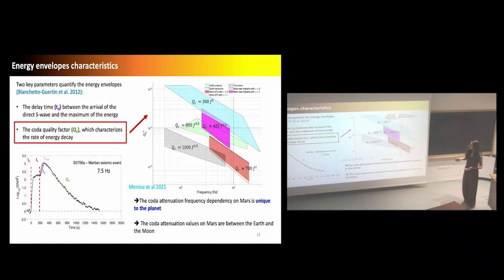For the coda quality factor, here you have a similar example. You have the near impact here on Mars and also the very high frequency. Here we used this empirical formula to quantify QC for a comparison.